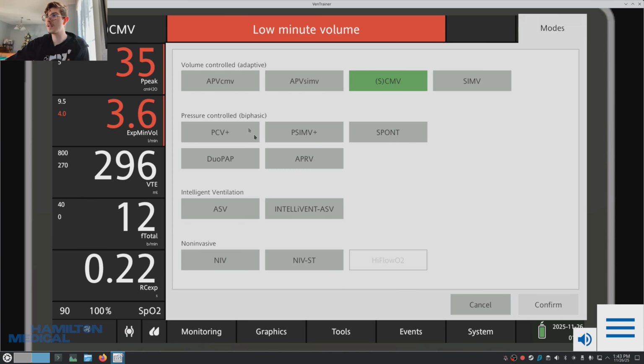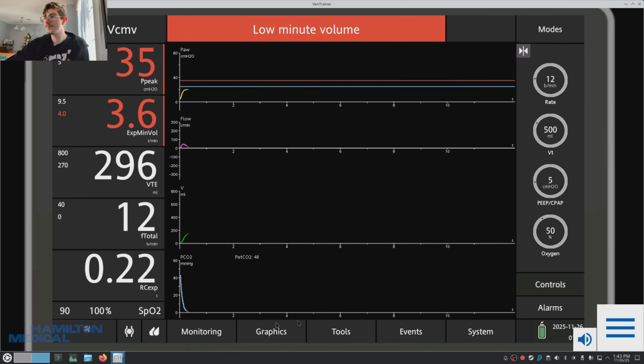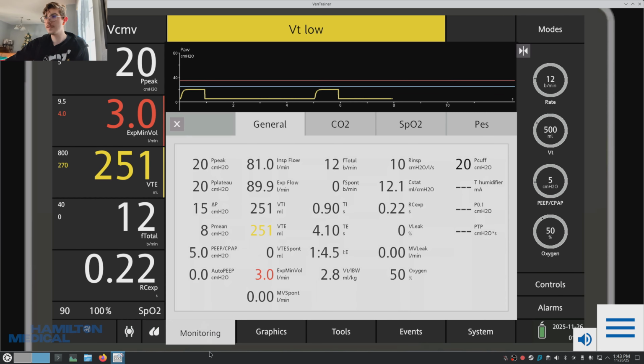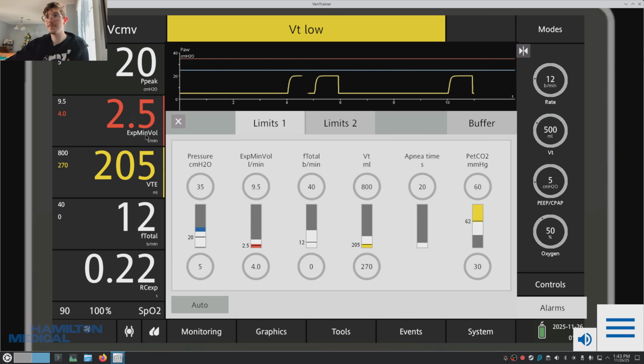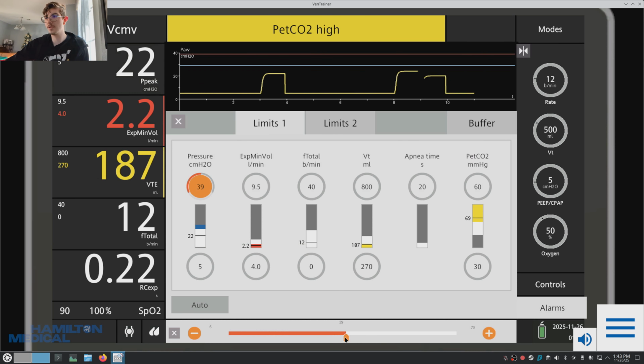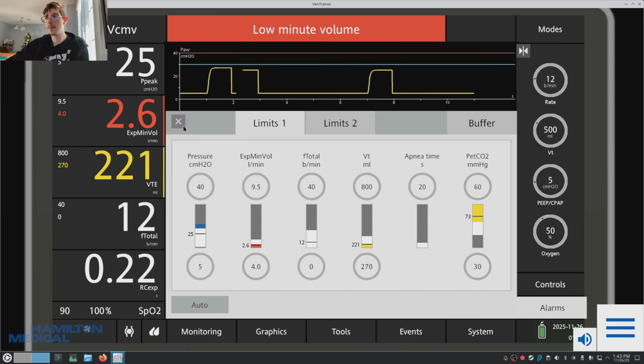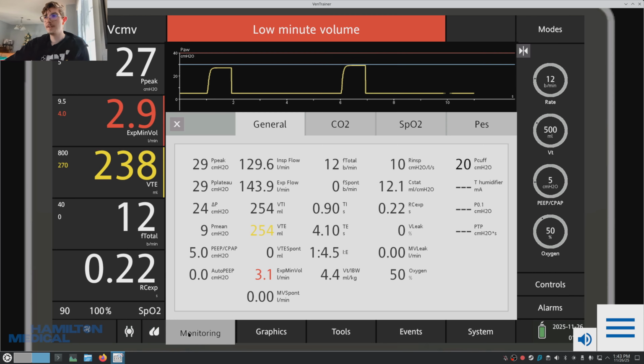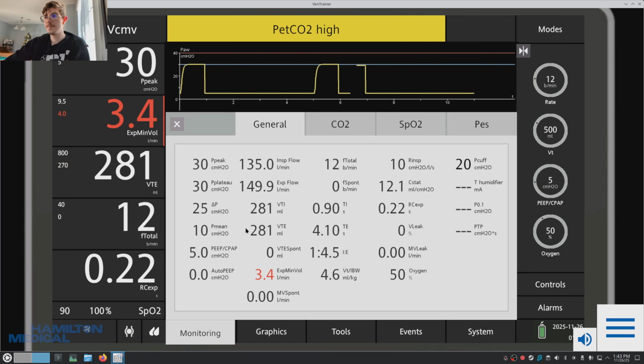Let's switch back to PRVC. Let's see if that makes a difference. We now, of course, have to put our high pressure alarm back to 40. What is our static compliance?